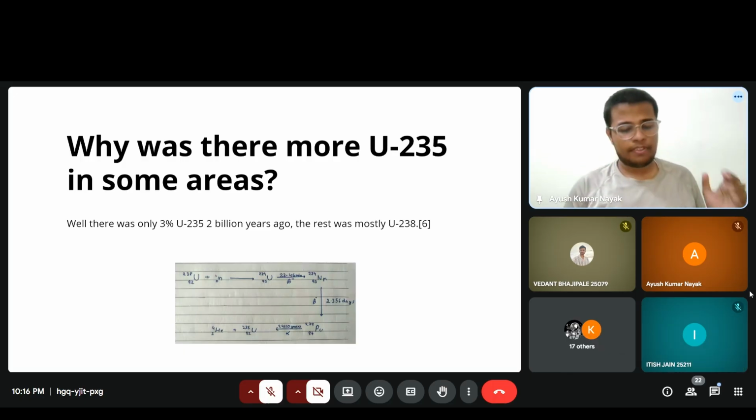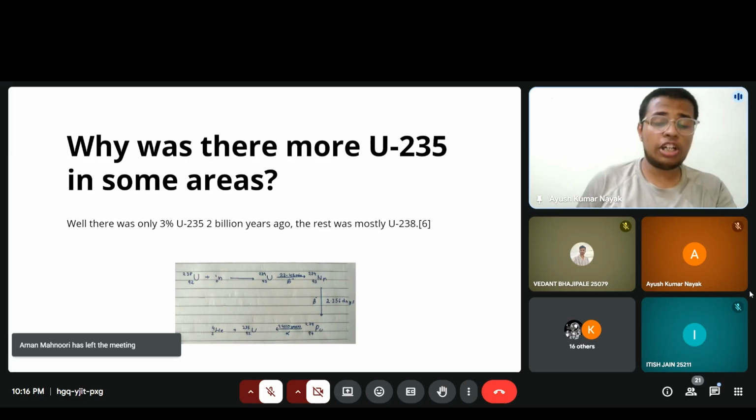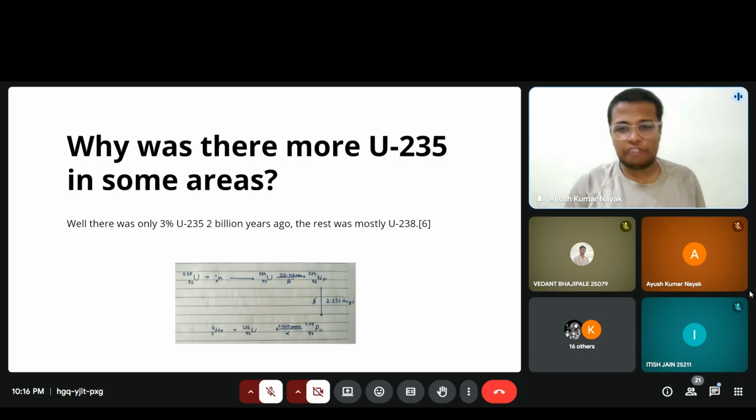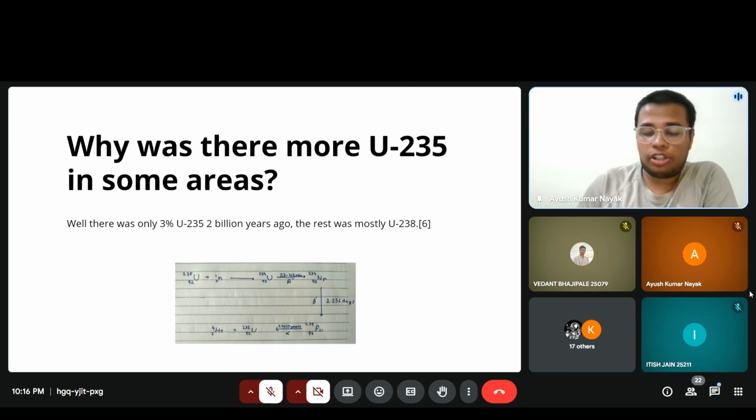That drop led to the reactor shutting down for 2.5 hours, by the time the surrounding rocks cooled down and soaked up water again, and the cycle continued for 150,000 years.